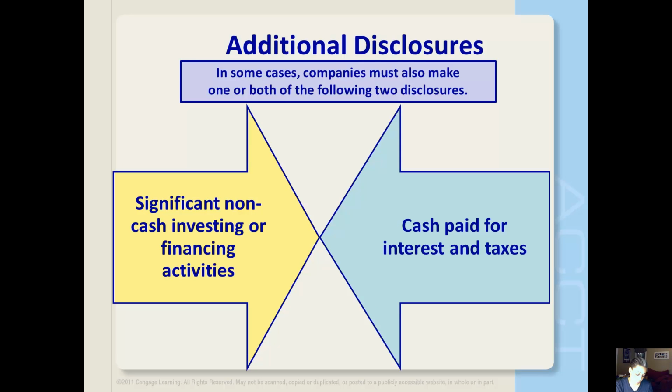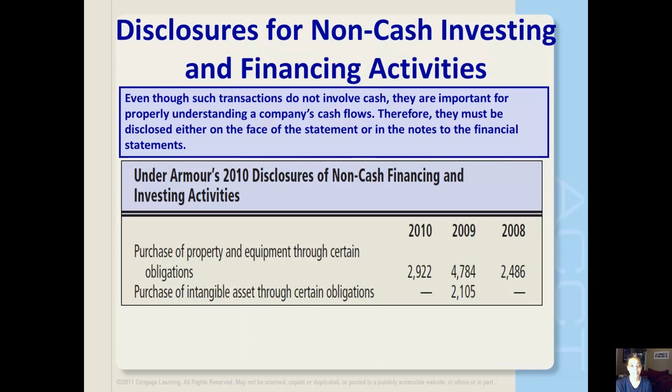Publicly traded companies prepare the statement of cash flows using a format similar to what we've described. In some cases, companies must also make one or both of the following two disclosures: significant non-cash investing or financing activities and cash paid for interest and taxes. So this slide presents disclosures for non-cash investing and financing activities.